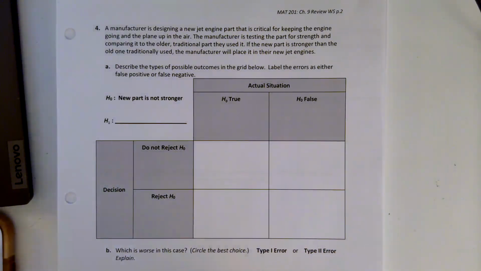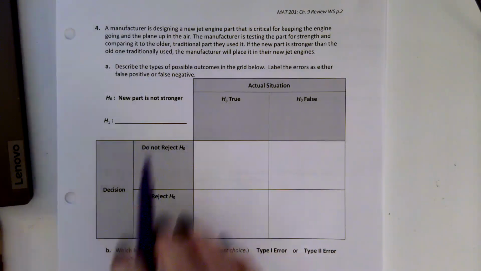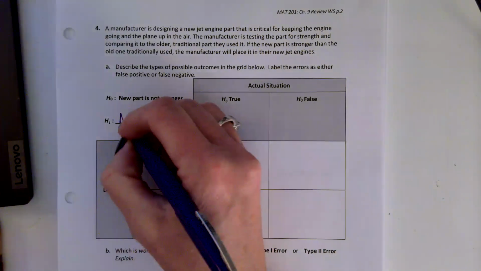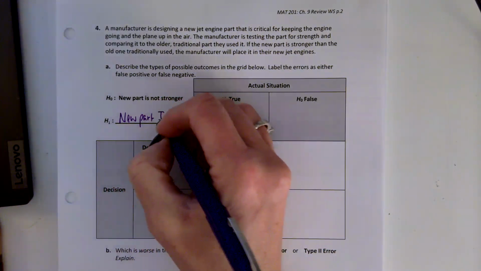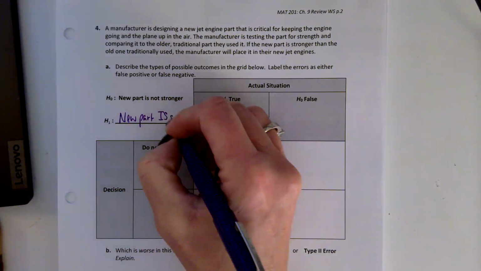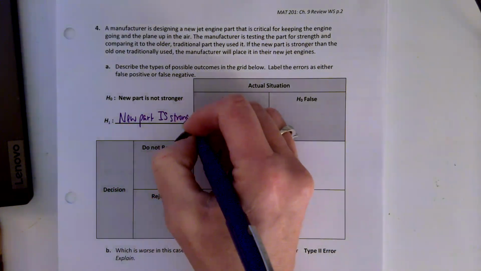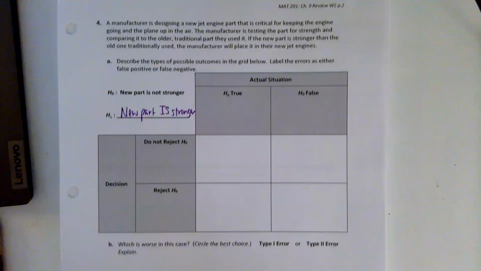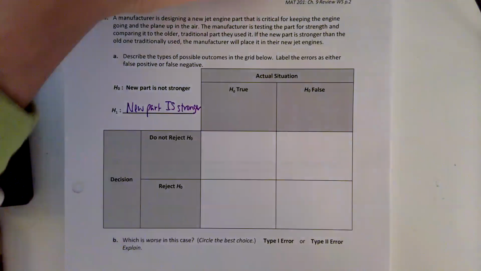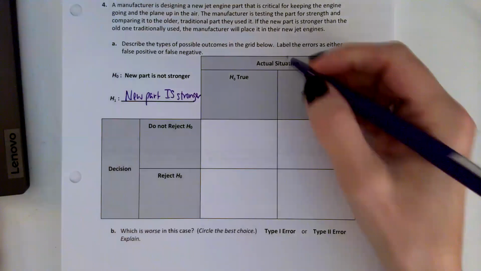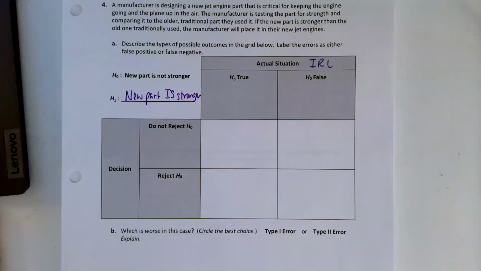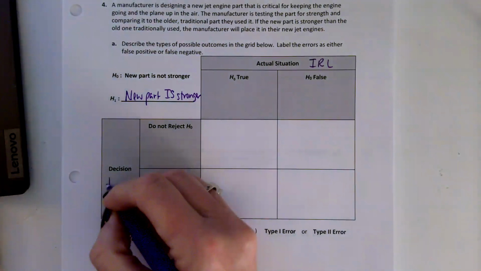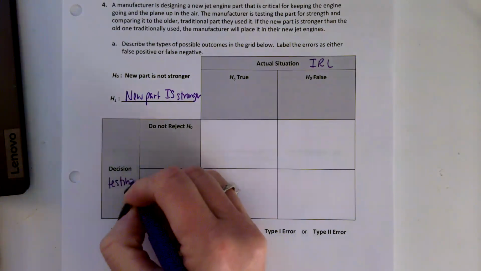Okay. So the H0 is the new part is not stronger, and H1 is the new part is stronger. The decision is what they're testing from. The actual situation is in real life. And this is the testing results.